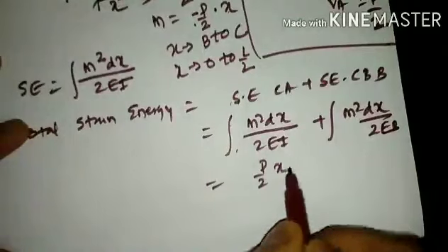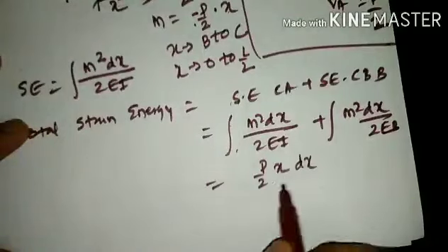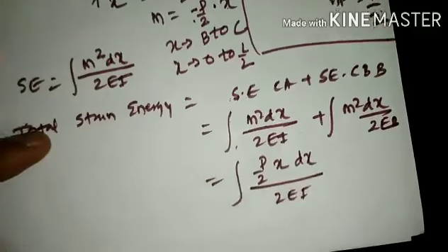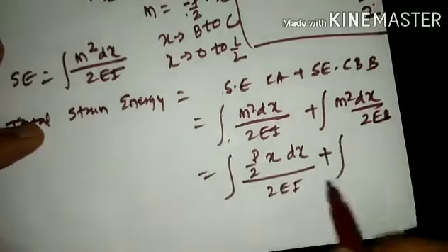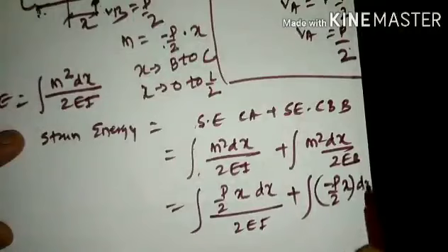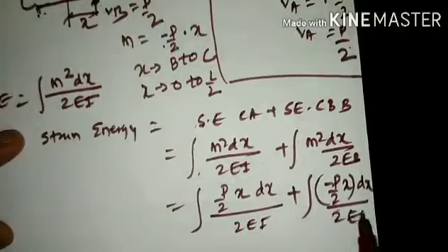So this is integration of (P/2)·x dx divided by 2EI, with the integration kept as it is, plus the second term. Here the m value is minus P/2, so integration of (−P/2)·x dx divided by 2EI.